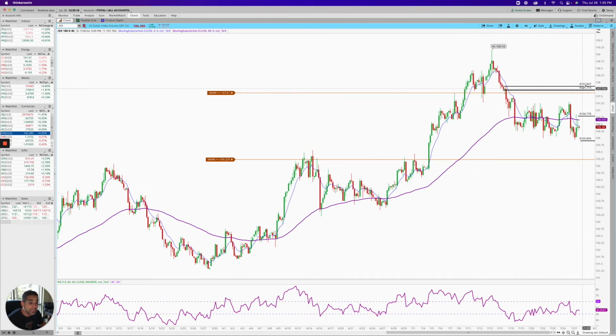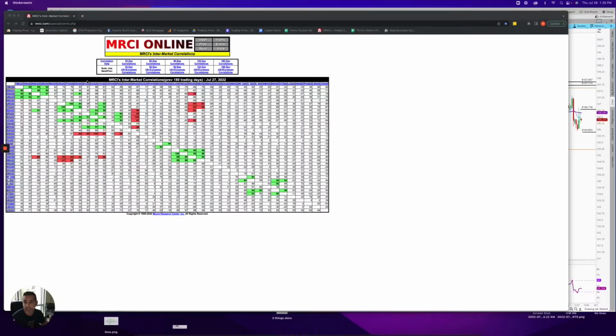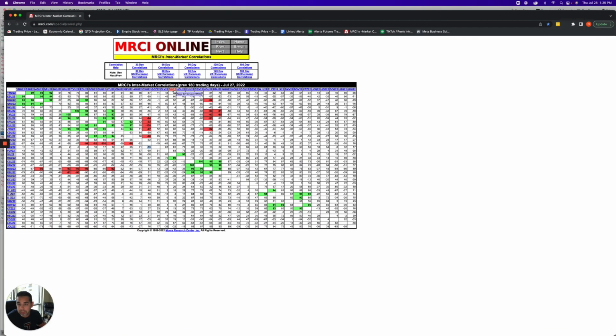If price runs into here on the dollar, perhaps I would want to get long either the euro dollar, the Swiss franc, the euro, or the Japanese yen, right? Or the Australian dollar. Negative 94, negative 92, negative 100, negative 97, negative 98.